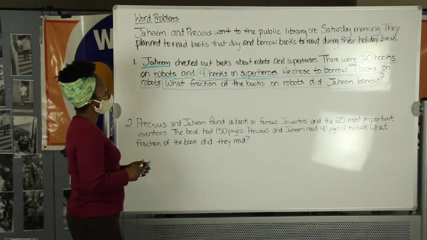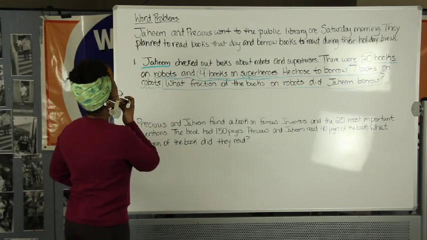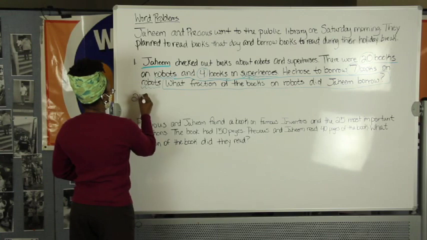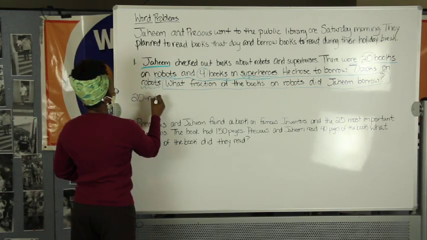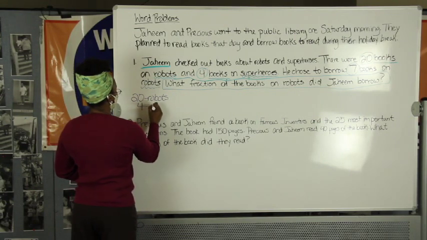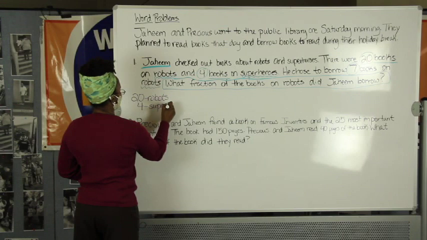So what we know now is that there were 20 books on robots and that there were 4 books on superheroes.